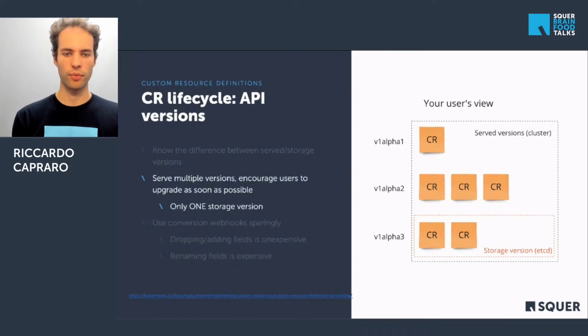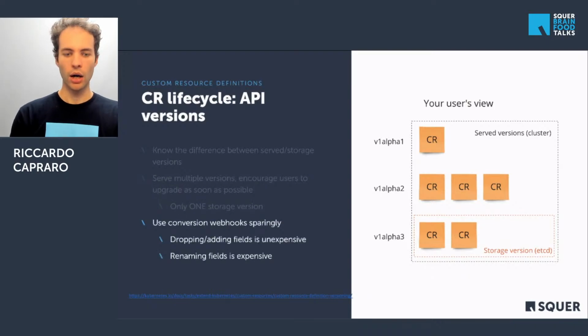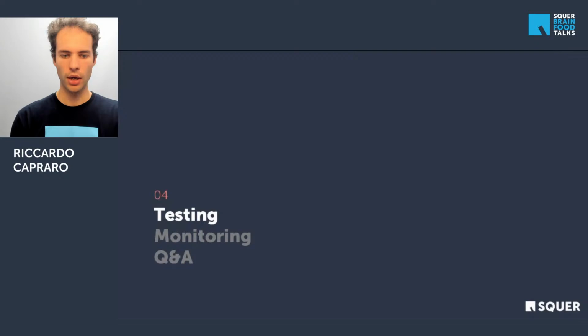As mentioned, you can serve multiple versions, but since there's only one storage version, you really want to encourage your users to always create resources in V1 alpha 3 so that we could, in the future, easily drop the old ones. Use, as mentioned, conversion webhooks sparingly because it's more logic and it adds complexity to your system.